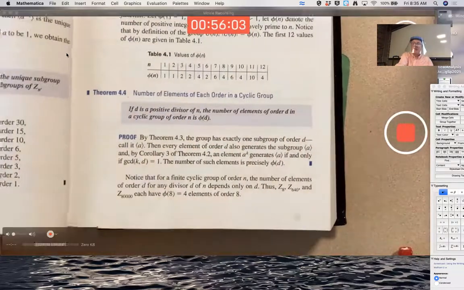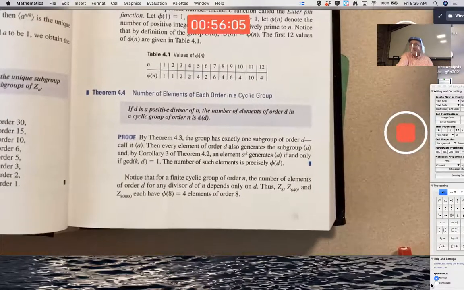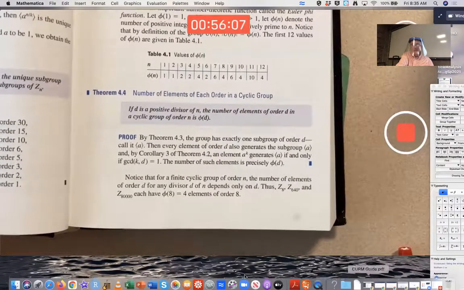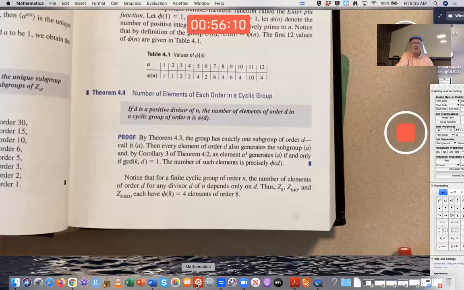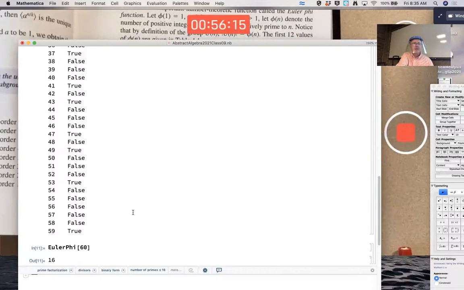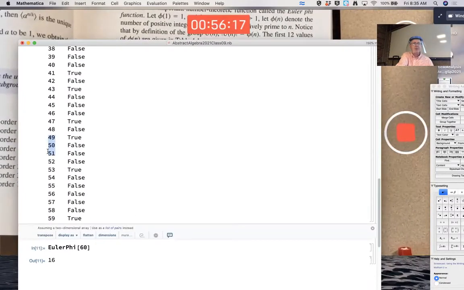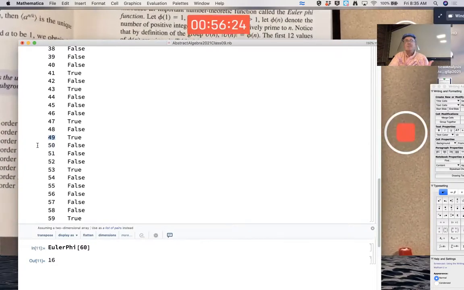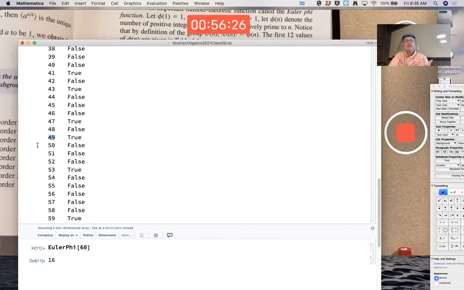In fact, the generators of Z60 under addition are going to be the same as the elements of U60 under multiplication. 49, for example, will be a generator of Z60. Z60 has 60 elements. 49 will be a generator of Z60 under addition. That's not so obvious if you didn't know these theorems.